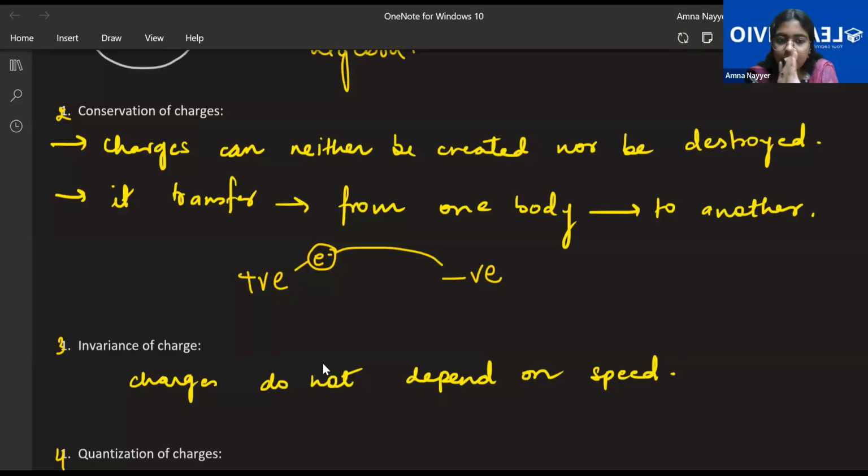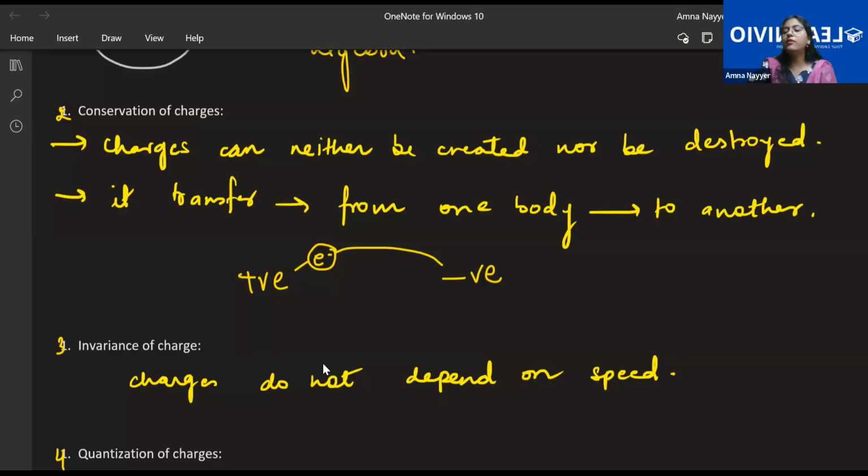So what's the difference between a charge and a mass? Mass is a scalar quantity, charge is also a scalar quantity. But mass is always positive or at minimum zero. Charges can be zero, negative, or positive; all values are possible.